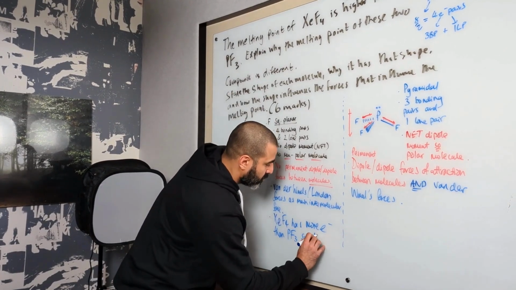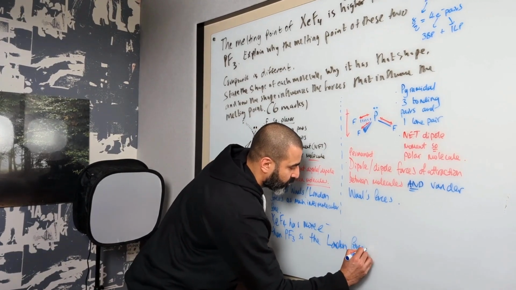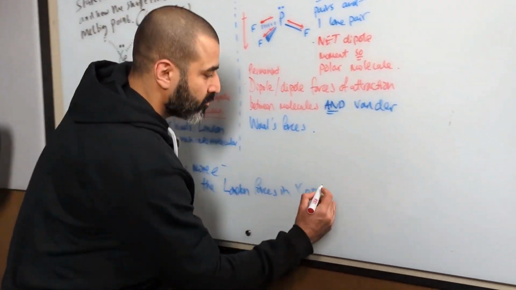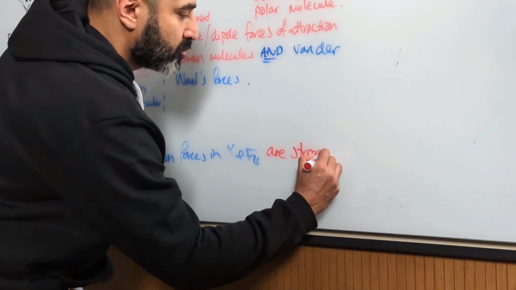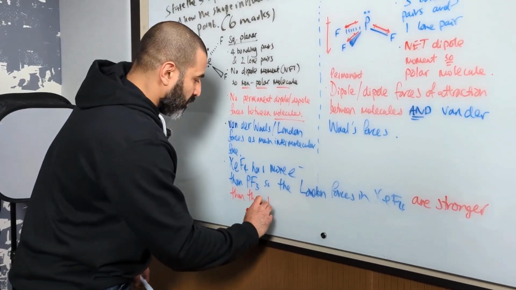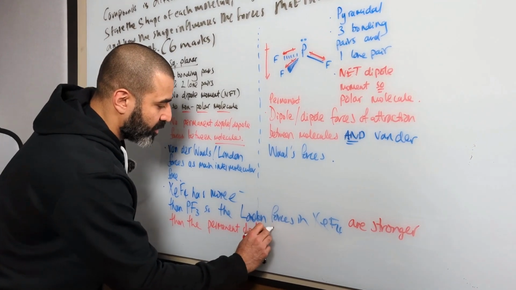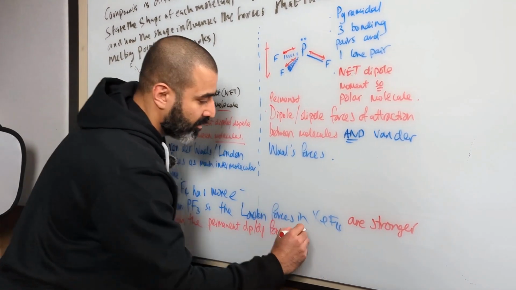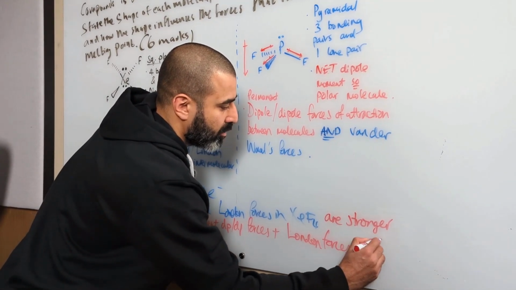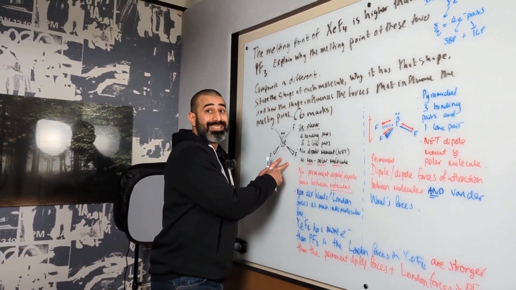So the London forces in XeF4 are stronger than the permanent dipole forces and the London forces in PF3, and those London forces in xenon tetrafluoride are going to require more energy to break.